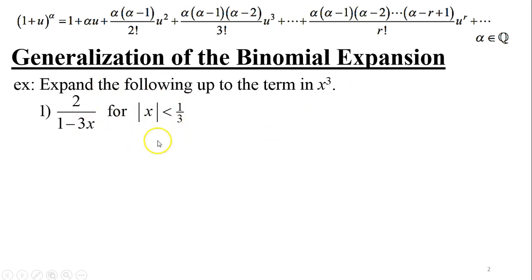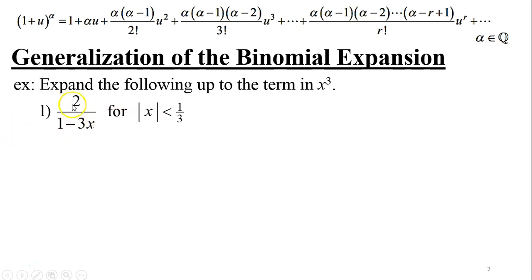Now regarding this condition for the absolute value of x being smaller than 1/3, this is just the interval of convergence of the corresponding power series that we will tackle later on in calculus, so we're just going to keep this aside for the moment.